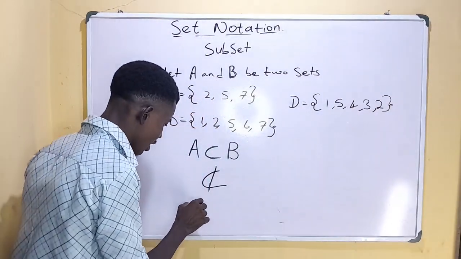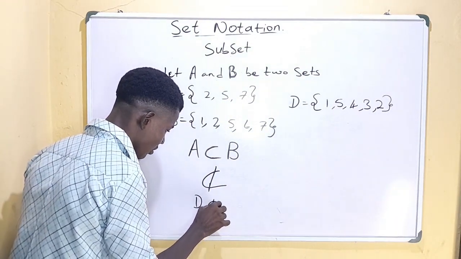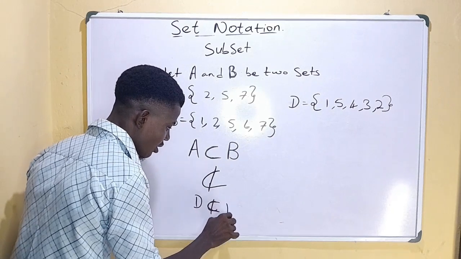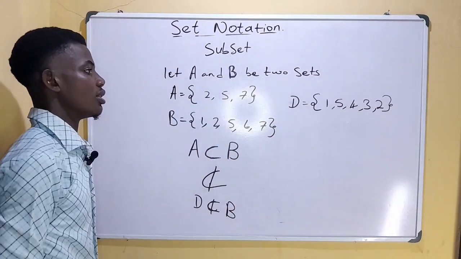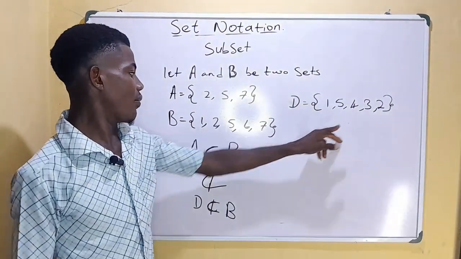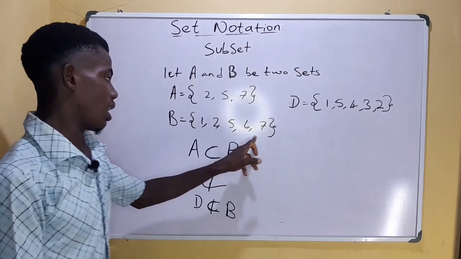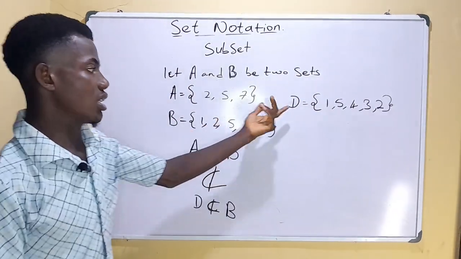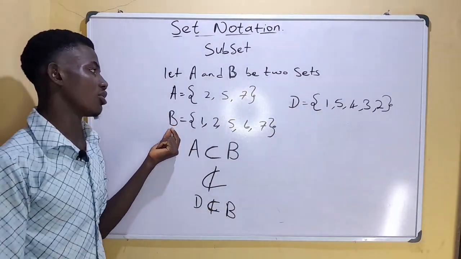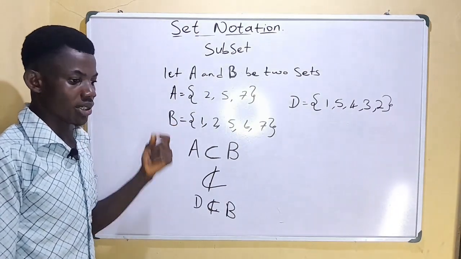Now we can say that D is not a subset of B. Why is it not a subset? 4 is here, there is no 4 here. 3 is here, there is no 3 here. So D is not inside what? B, but A is inside B.